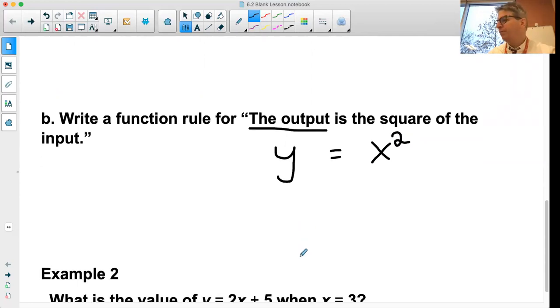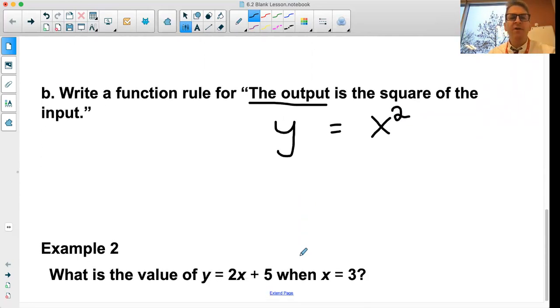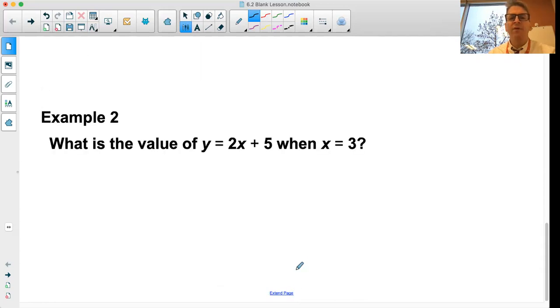Example 2. What is the value of y equals 2x plus 5 when x equals 3? Okay, so what they want you to do here is find out what the value of the function is when your x is equal to 3.